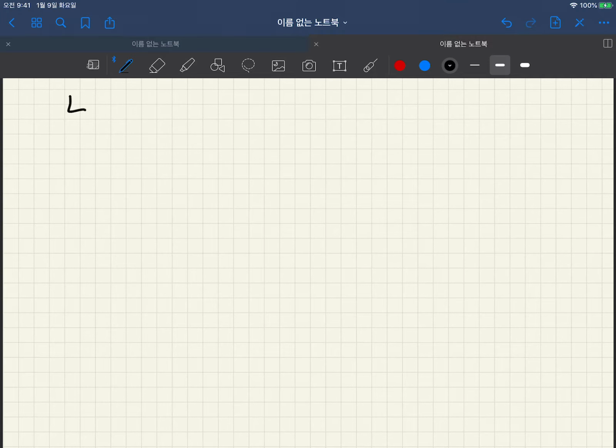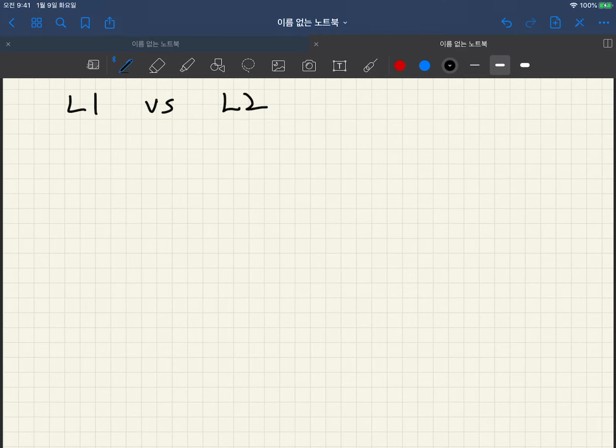Then let's compare L1 loss and L2 loss. Which one is better? When do we have to use L1 loss, and when do we have to use L2 loss? To understand the difference, let's draw the graph of the L1 loss and L2 loss functions.